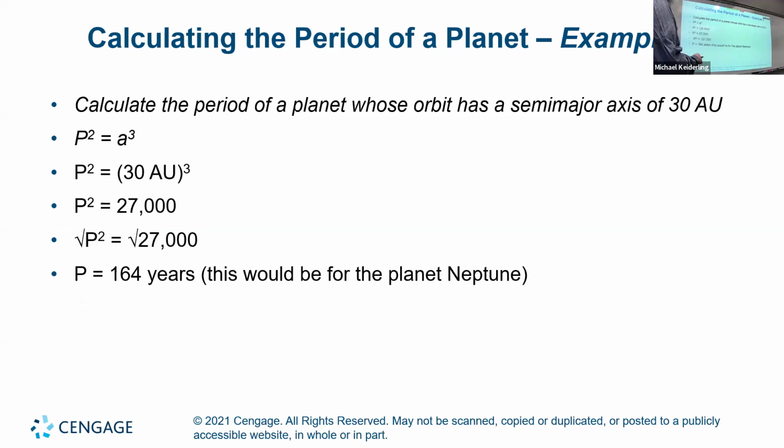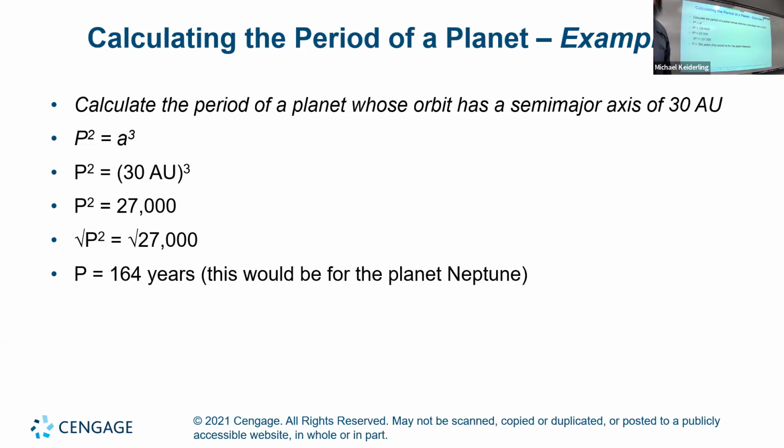Now, let's look at a planet whose orbit has a semi-major axis of 30 astronomical units. That would be Neptune. So period squared equals semi-major axis cubed. So P squared equals 30 AU cubed. So that's 27,000. And we take the square root of 27,000, and we get 164 years.